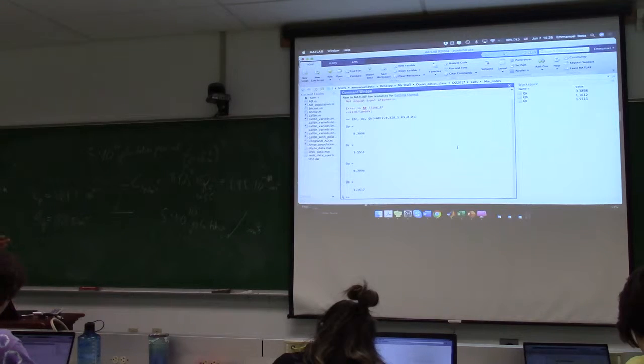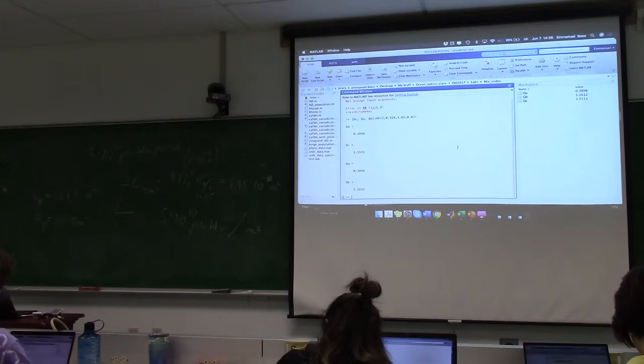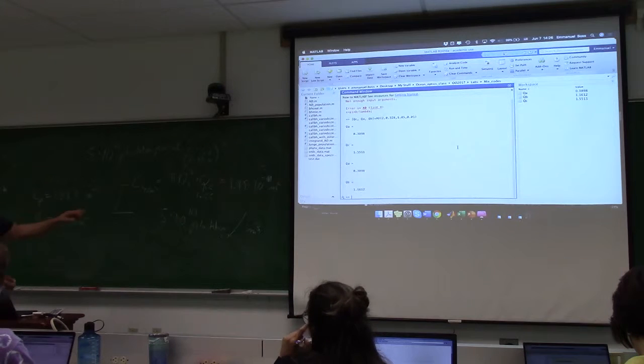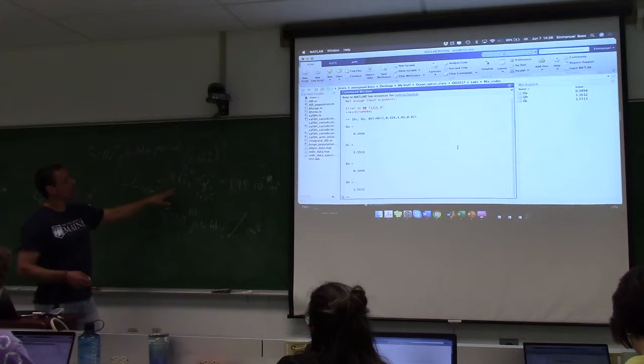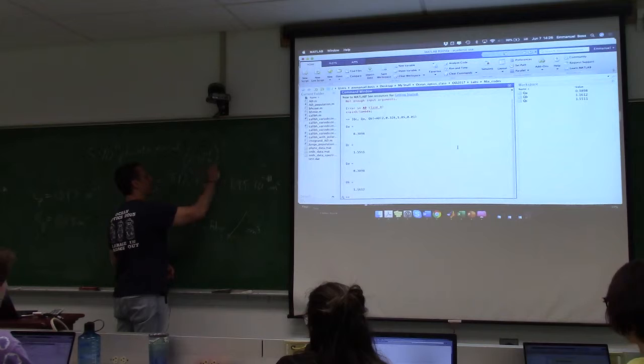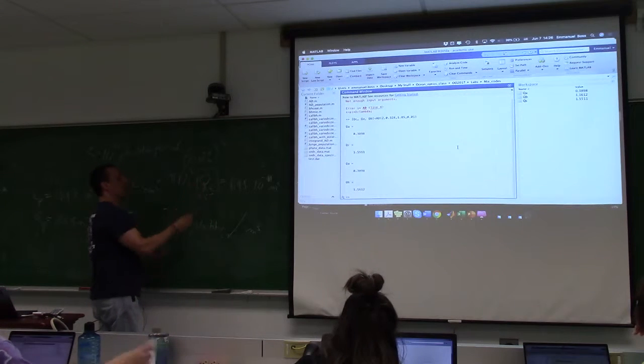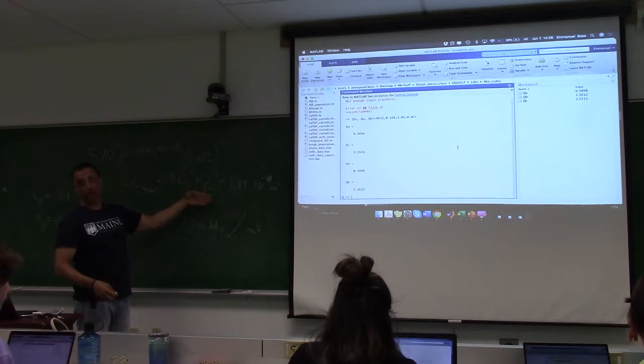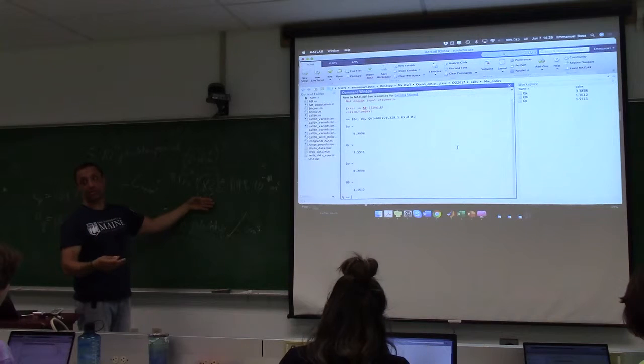Stop me anytime for any question. Where did this equation come from? This is the efficiency factor, which is the optical cross-section per geometric cross-section of your sphere.